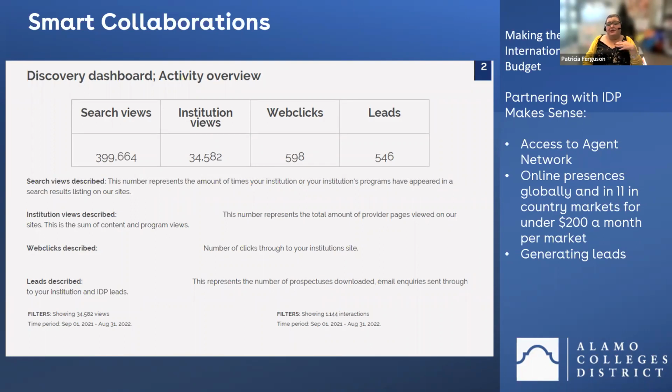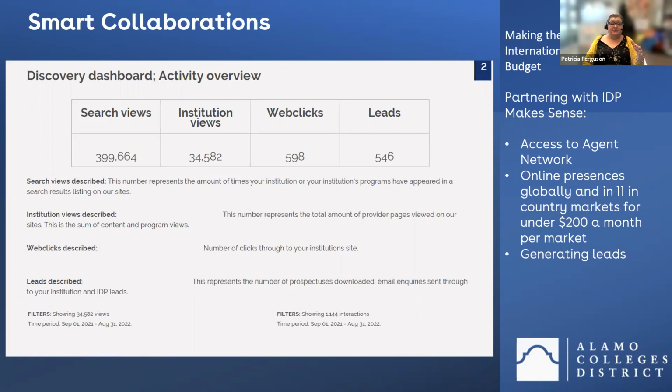They don't want to invest too much because we're not getting the return on investment, so we're kind of stuck. So we've been able to still work with IDP because it makes sense. We are in 11 markets, it costs under $200 a month per market, and it's generating leads.